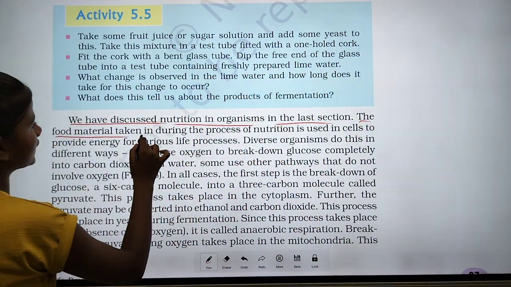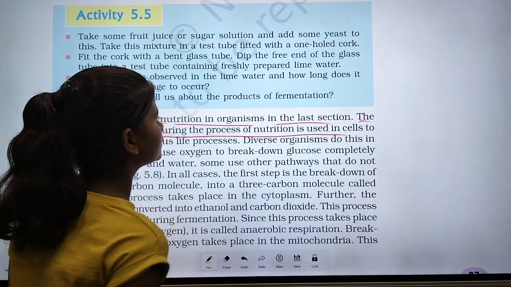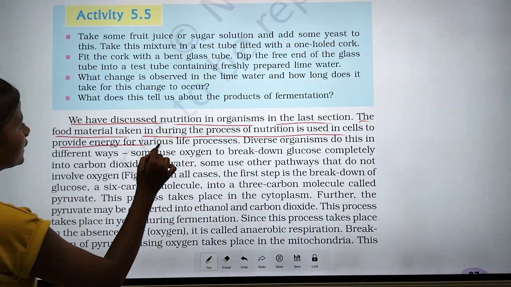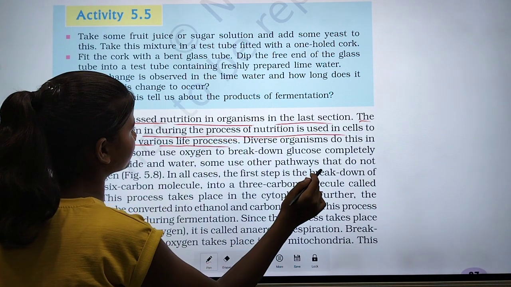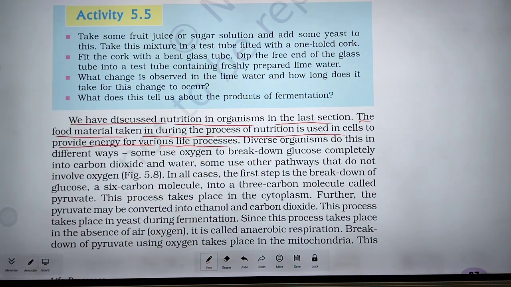The food material taken in during the process of nutrition is used in the cell to provide energy for various life processes. Nutrition, in simple meaning, we can say is taking of food inside the body, and this is used in the cell to provide energy for various life processes.